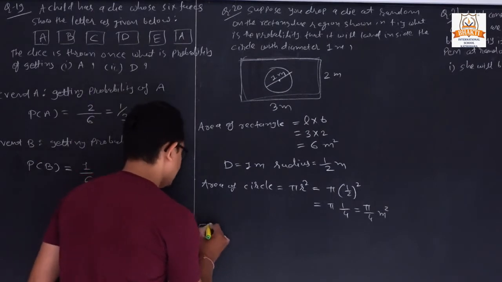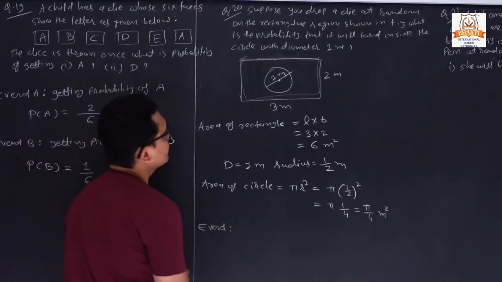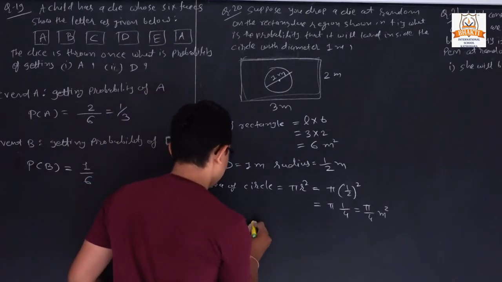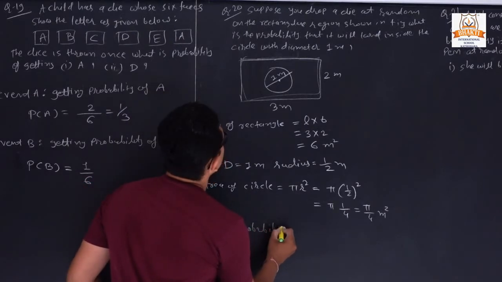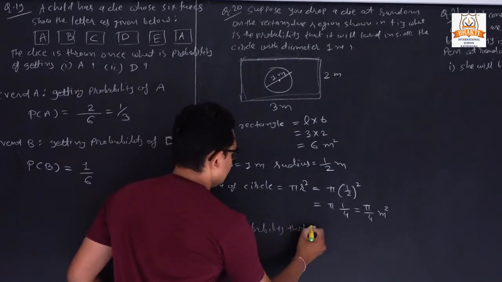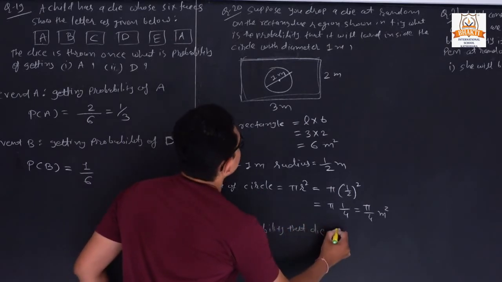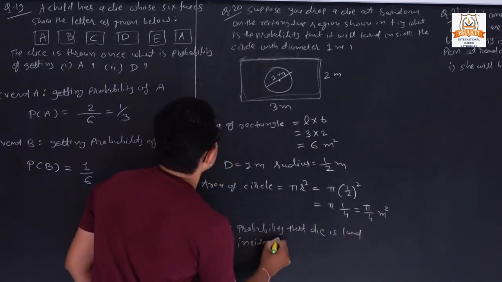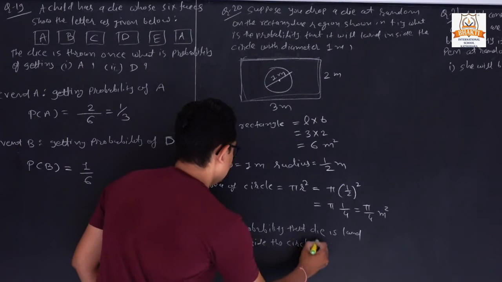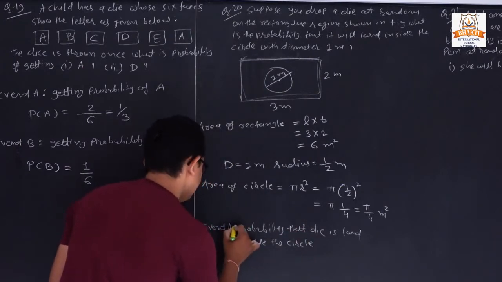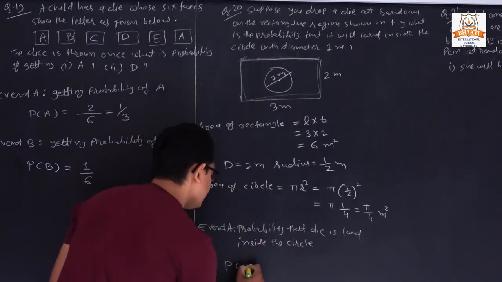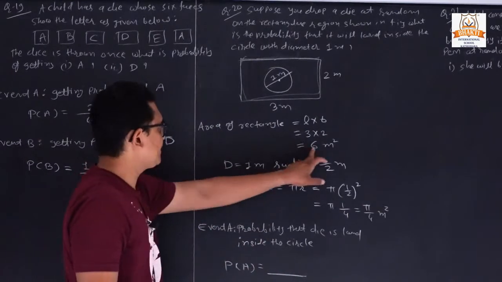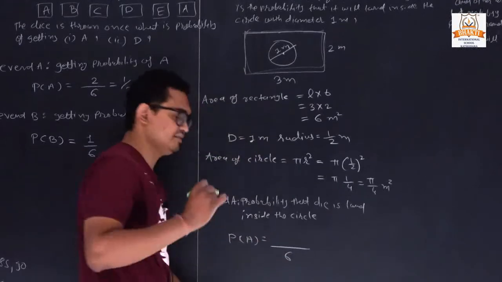So we can write the probability that the die lands inside the circle, and declare it as event A. So P of A is equal to, in the denominator, we write the area of the rectangle, which is 6.